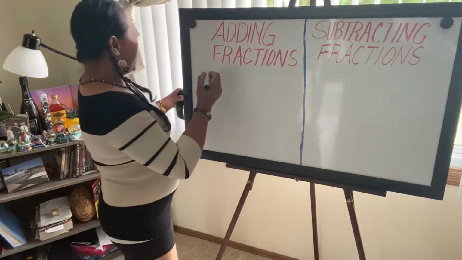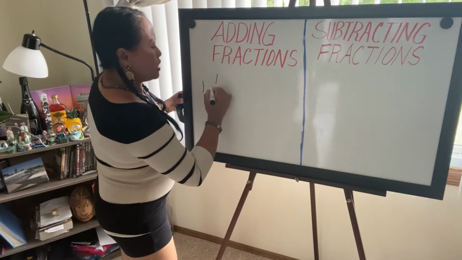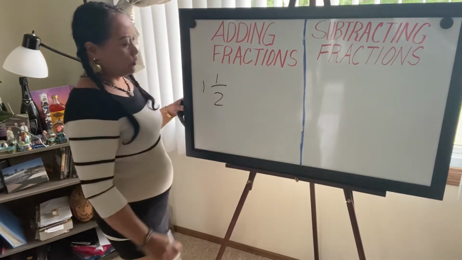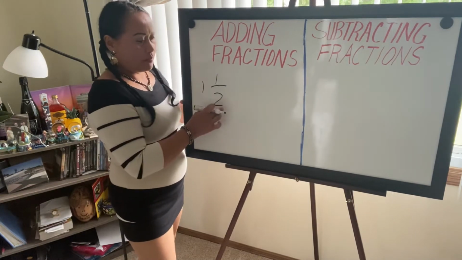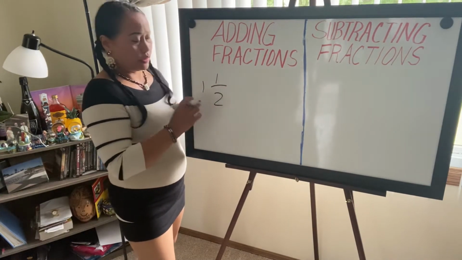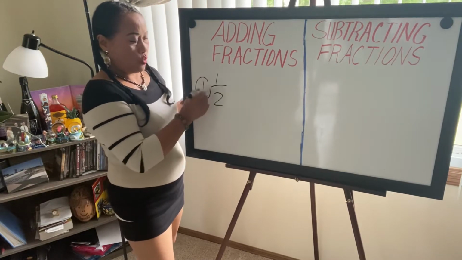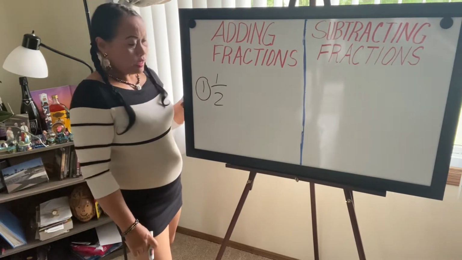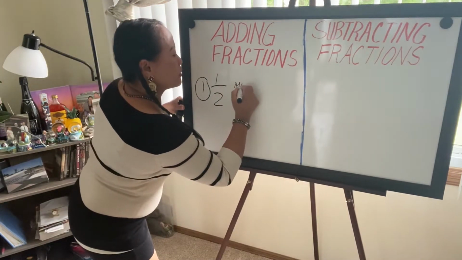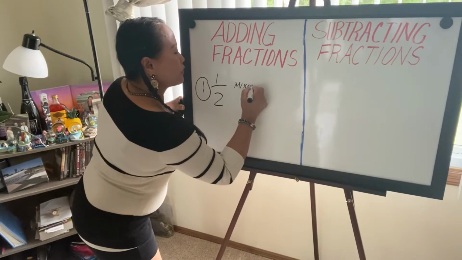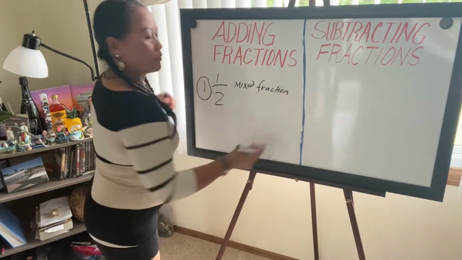Okay? Like for example, 1 1/2. So 1 1/2 is mixed because there is a whole number which is 1. Okay? So this is mixed fraction. Okay?